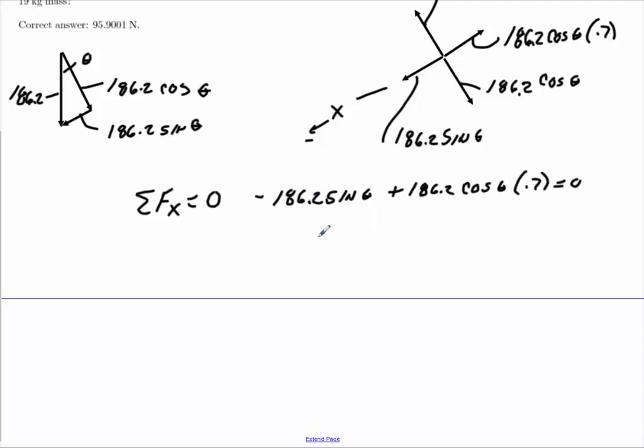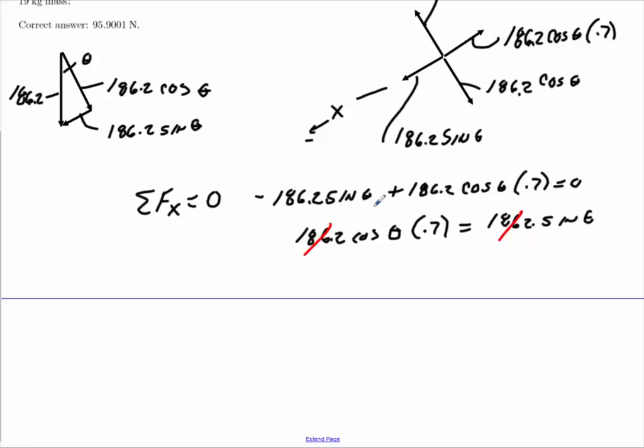I'm going to move this to the other side. So I get 186.2 cosine theta times 0.7 is equal to 186.2 sine theta.